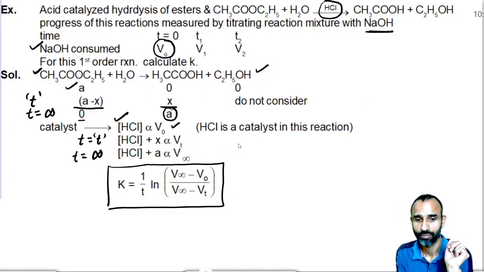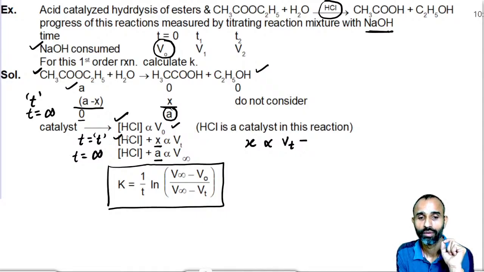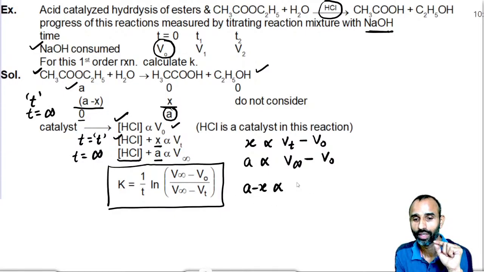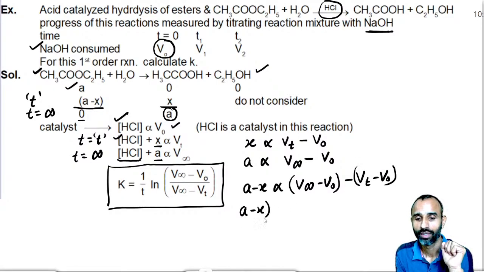x is proportional to Vt minus V naught. a is proportional to V infinity minus V naught. a minus x is proportional to V infinity minus Vt.